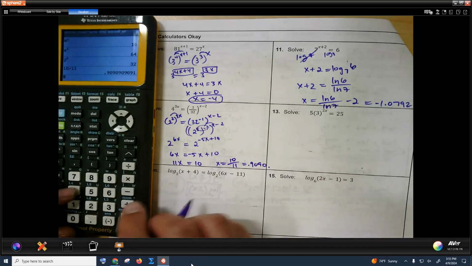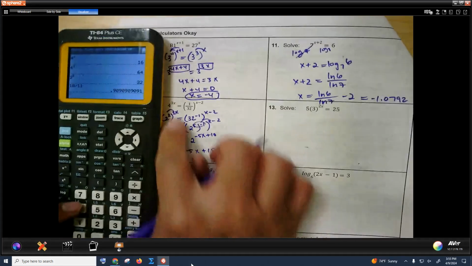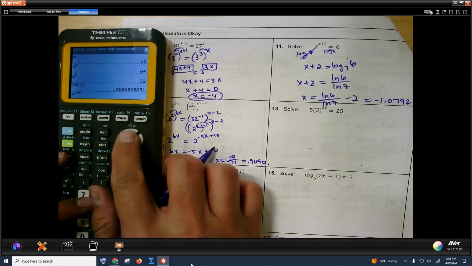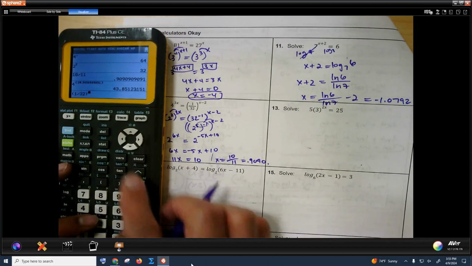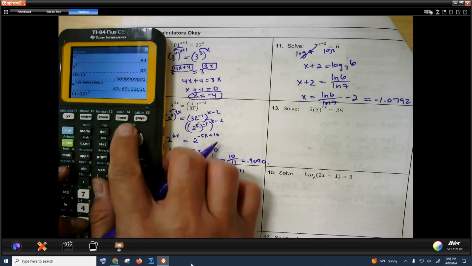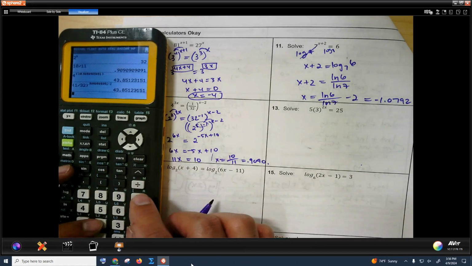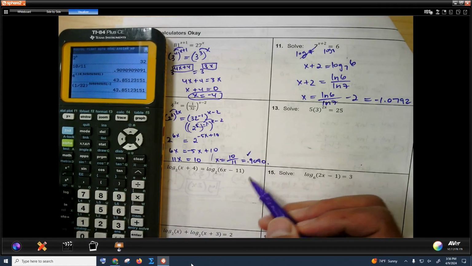Okay, so let me just check because that's such a weird number. So 4 raised to 3 times this number, and on the other side, I got 1/32 raised to this number minus 2. And they're equal. So I guess that's the correct number.